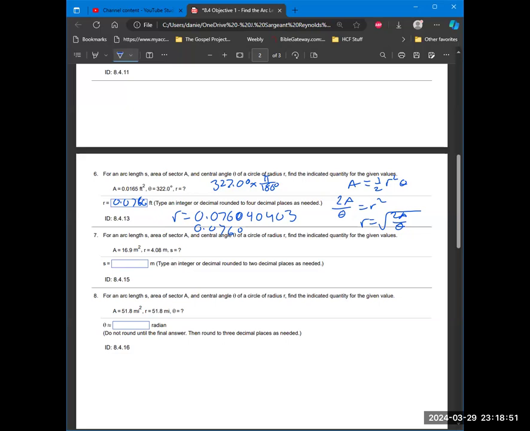All right. Let's find the arc length S given A and r.